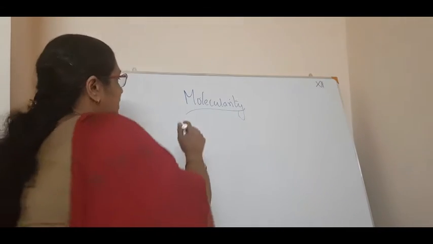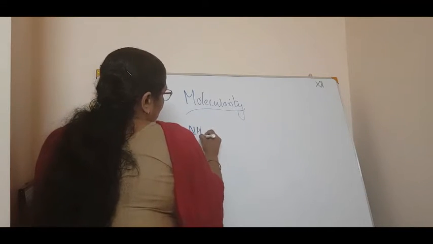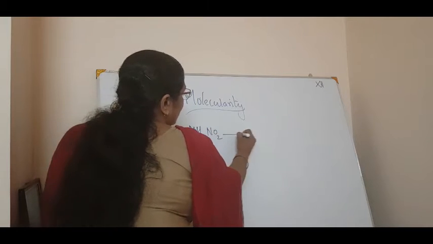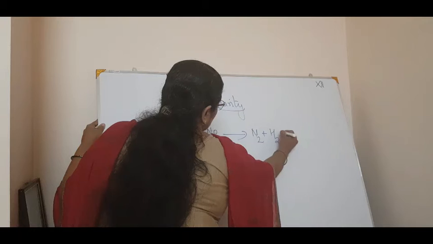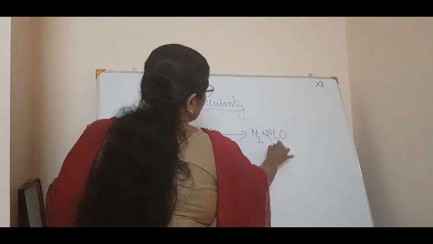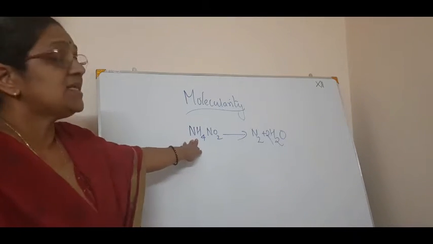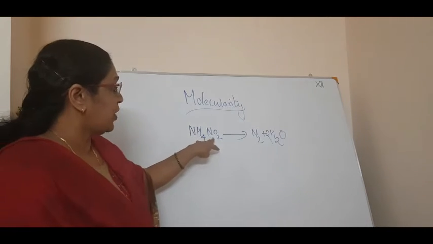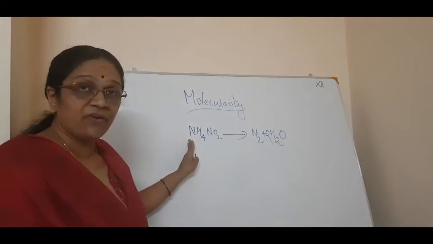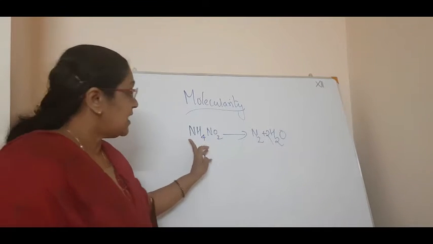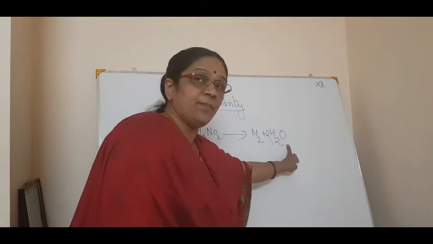Example: the decomposition of NH4NO2 into N2 plus 2H2O. If you take this example, NH4NO2 giving N2 plus 2H2O, this is an elementary reaction. You agree with me? Because it is a single step reaction.